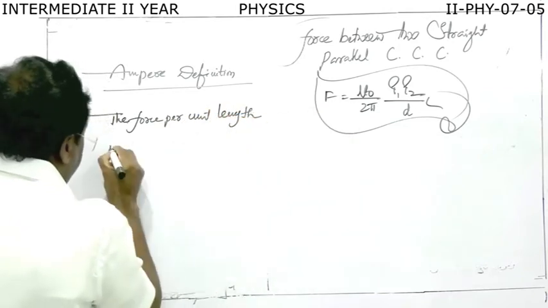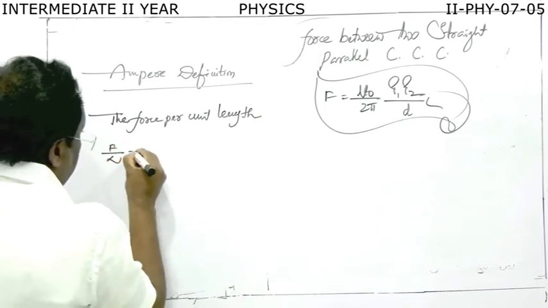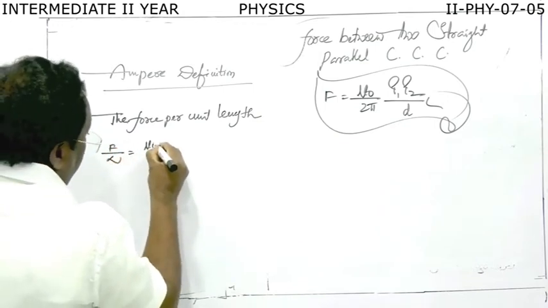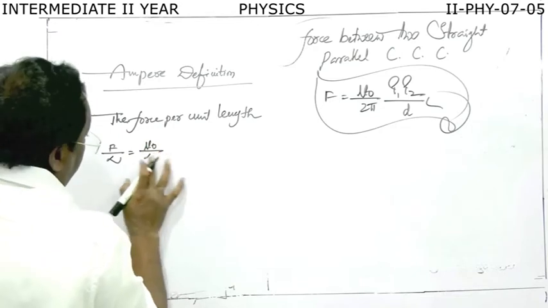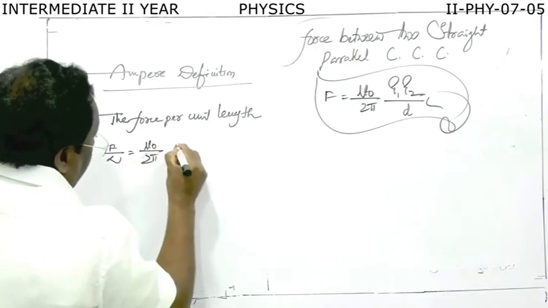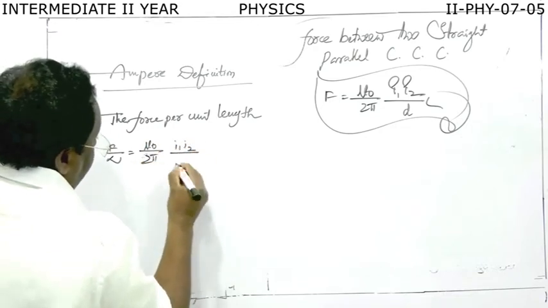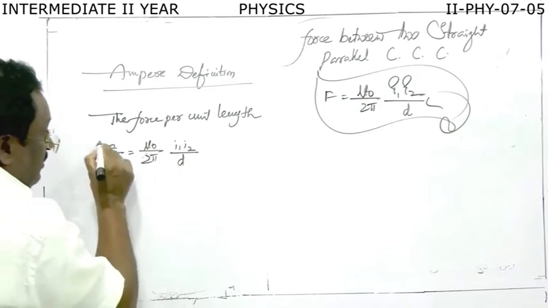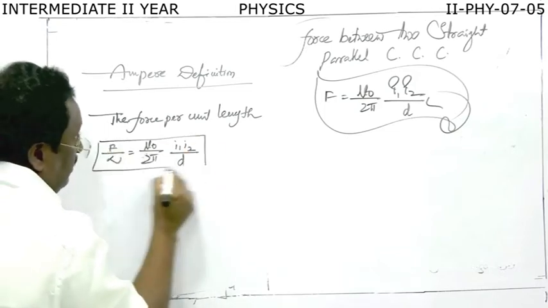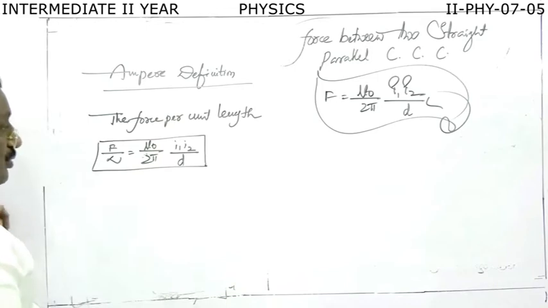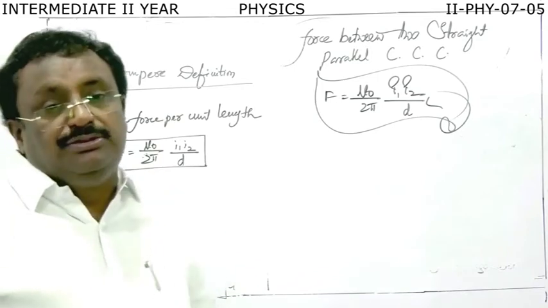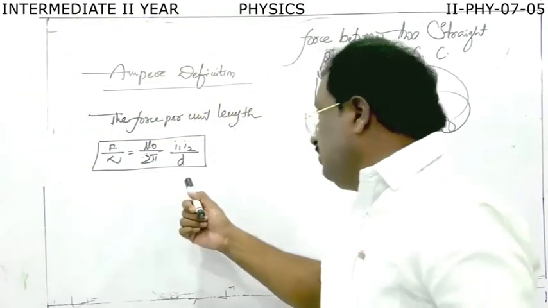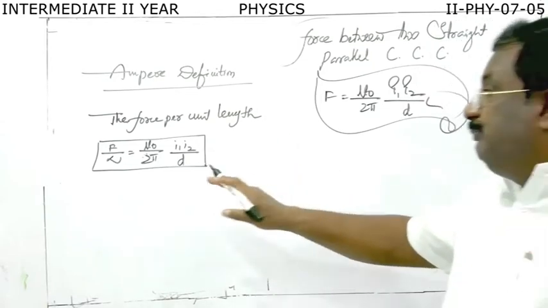Now it becomes F by L is equal to mu 0 by 4 pi, 2 pi, I1 I2 by d. According to this equation, if you want to define the ampere, this equation is important. Without using this equation, you should never dare to write the definition.